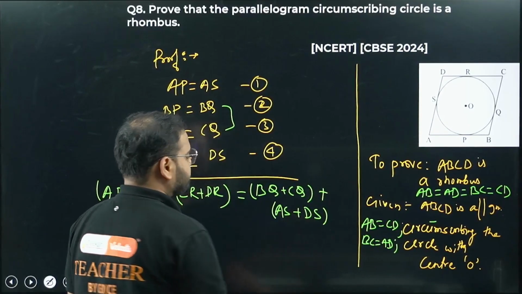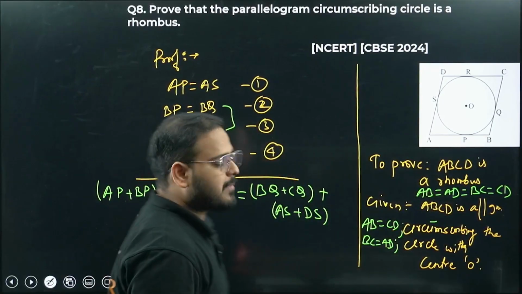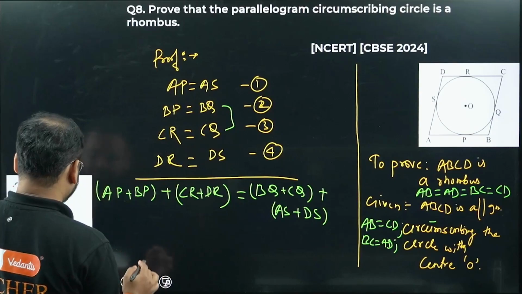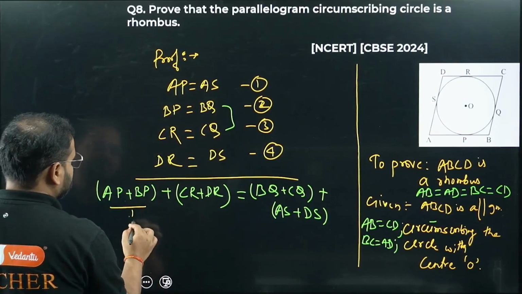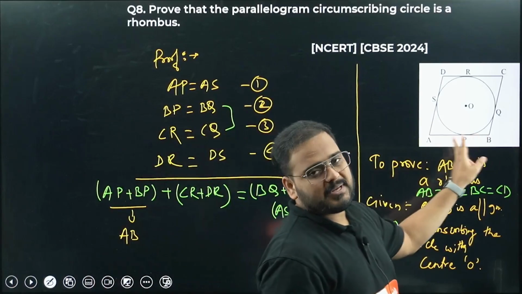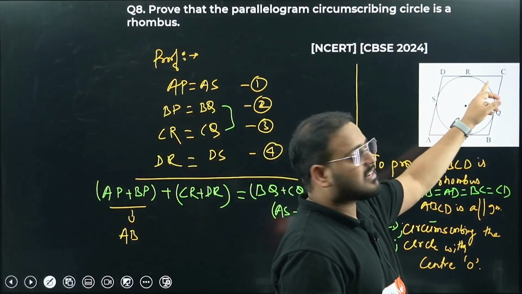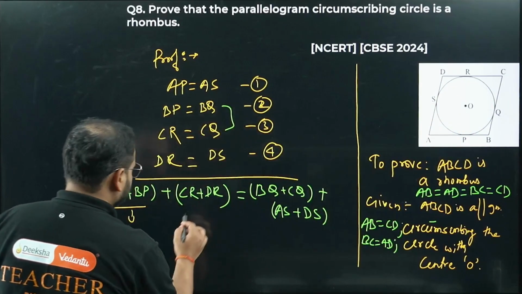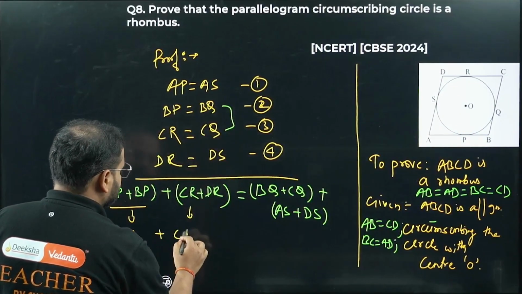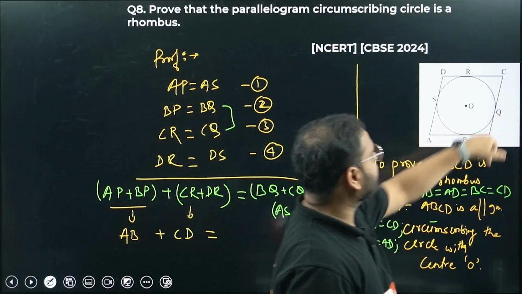Now check it out. AP plus BP is simply AB. Same way, CR plus DR is CD. BQ plus CQ is BC.